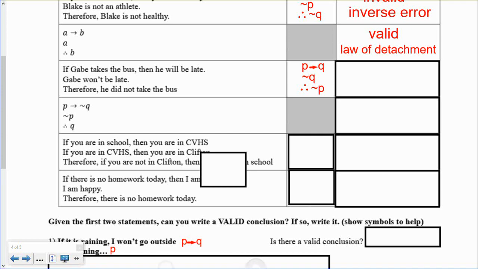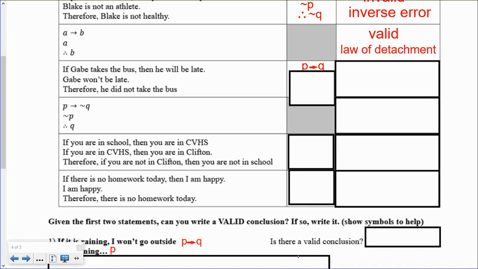All right. What about this one? If Gabe takes the bus, then he will be late. The first statement is always P, arrow, Q, so you're going to start that way. Then it says Gabe won't be late.